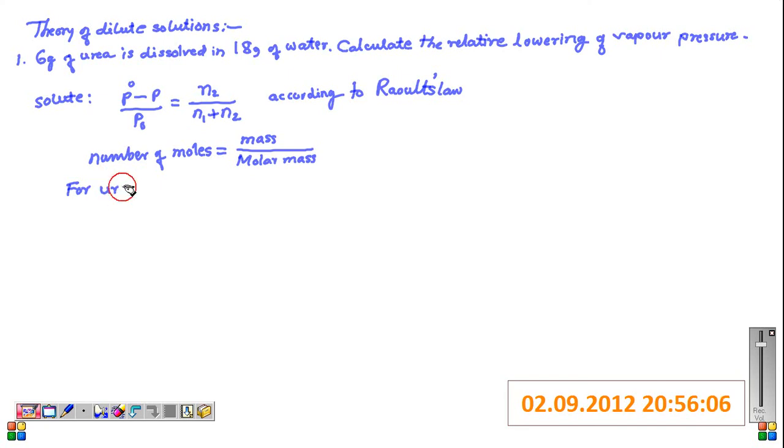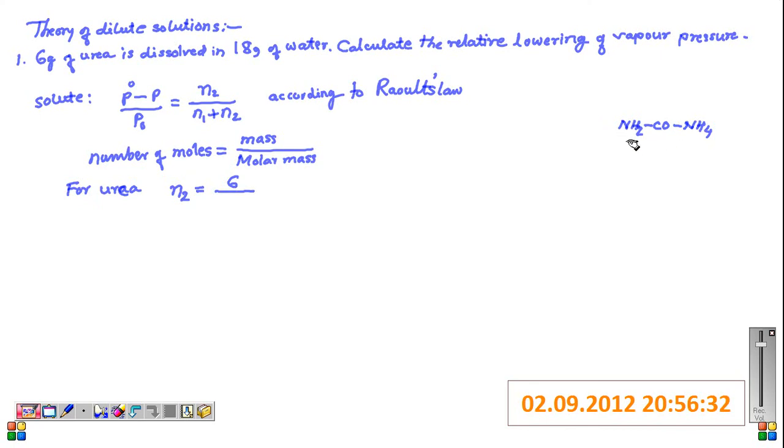For urea, which is a solute, N2, the number of moles of solute, is equal to mass of solute, 6 gram, divided by the molar mass of urea. Urea is NH2 CO NH2.